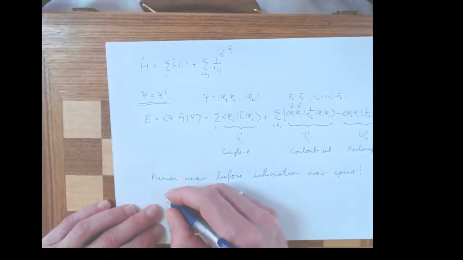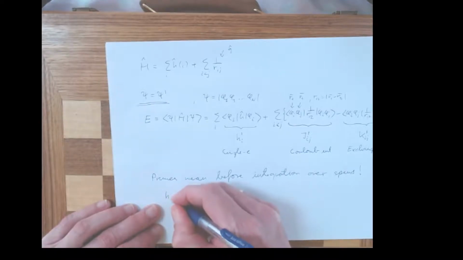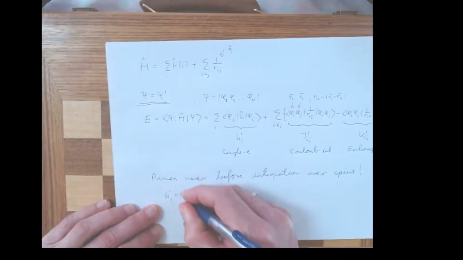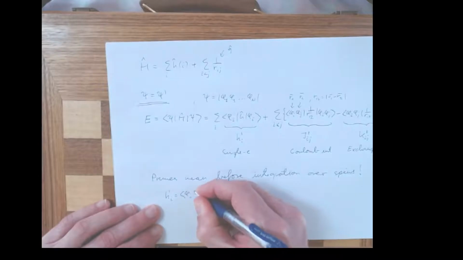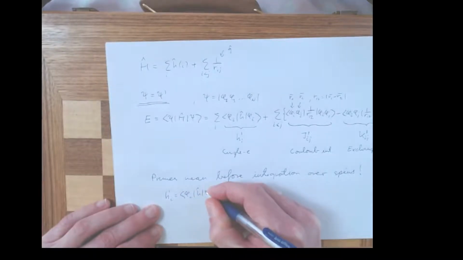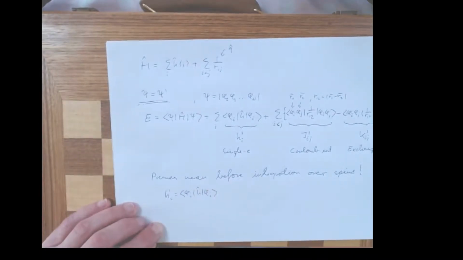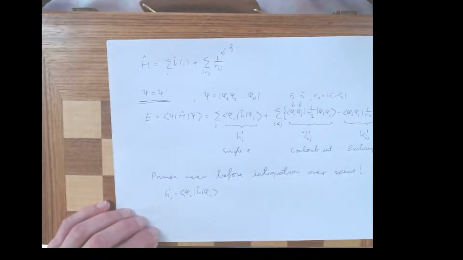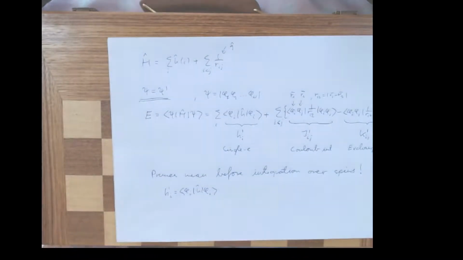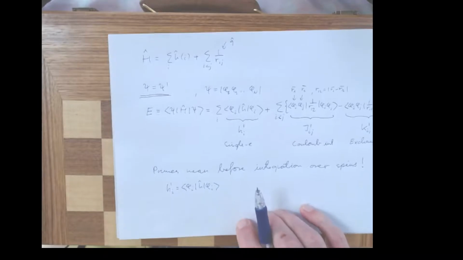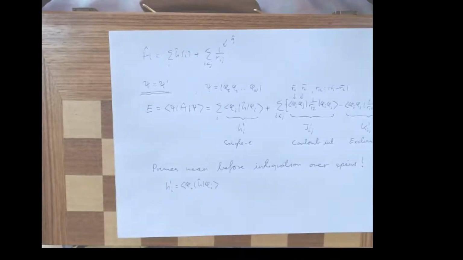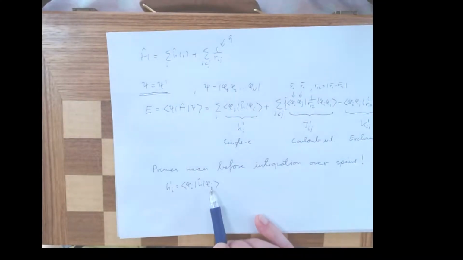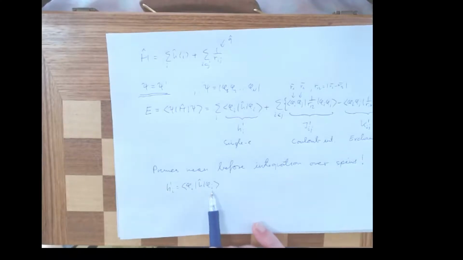So let's look at h_i prime. Again, this is phi_i, h, phi_i integrated over spatial and spin degrees of freedom. And remember that spin integration simply means that you look at the two states in this case and consider whether they have the same spin or not. If they have the same spin, spin integration gives you 1.